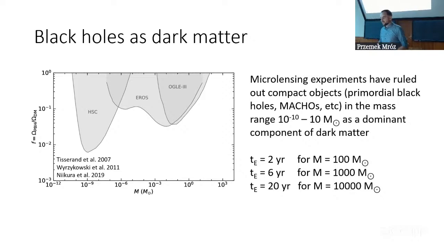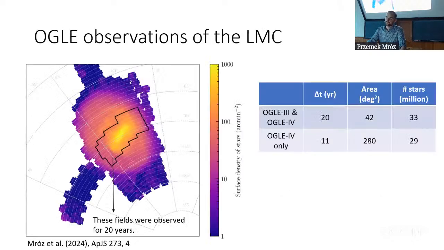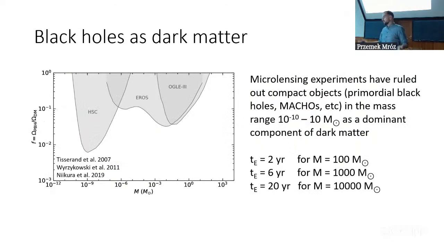So the problem was that these early experiments didn't have enough sensitivity to very massive black holes because they weren't long enough. They didn't observe long enough to be sensitive to those really long timescale microlensing events. But of course, OGLE has been observing the sky for decades, for more than 20 years.